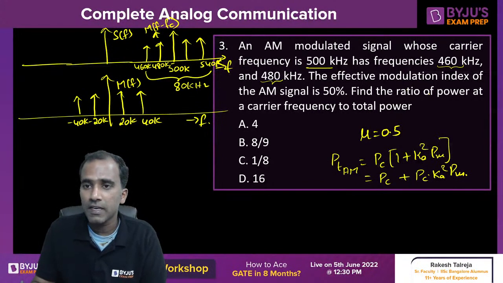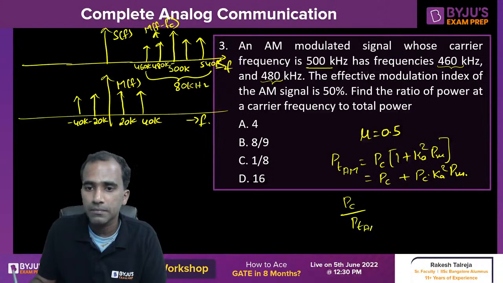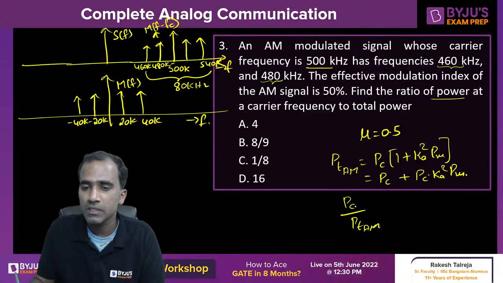Now they're asking us to find the ratio of power at carrier frequency PC divided by total power PT of AM. This ratio they're asking, power at carrier frequency to total power. So PC divided by PC into 1 plus K square into PM.